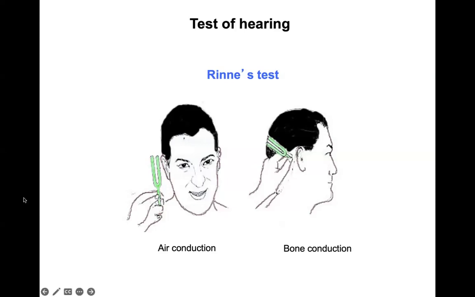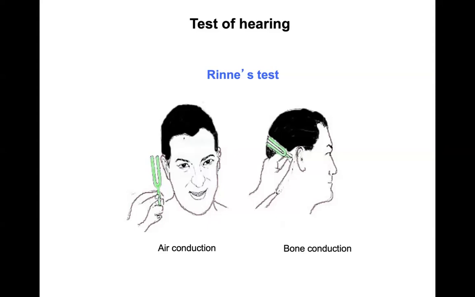But if the patients have conduction problems and you do air conduction here, can they hear with conduction deafness? No, right? Because they cannot do conduction. The bone is having problems, for example. But if you do it here, bone conduction, can they hear if they have conduction deafness?